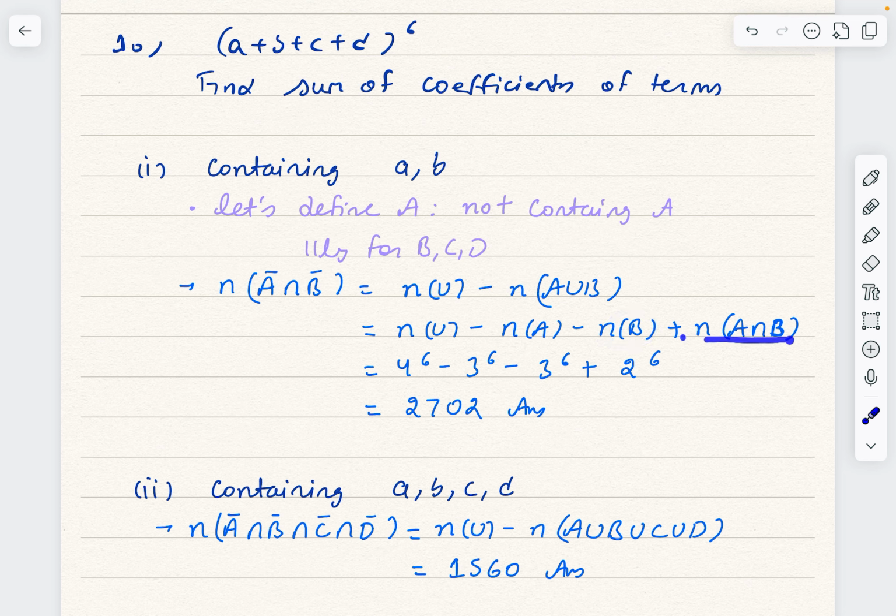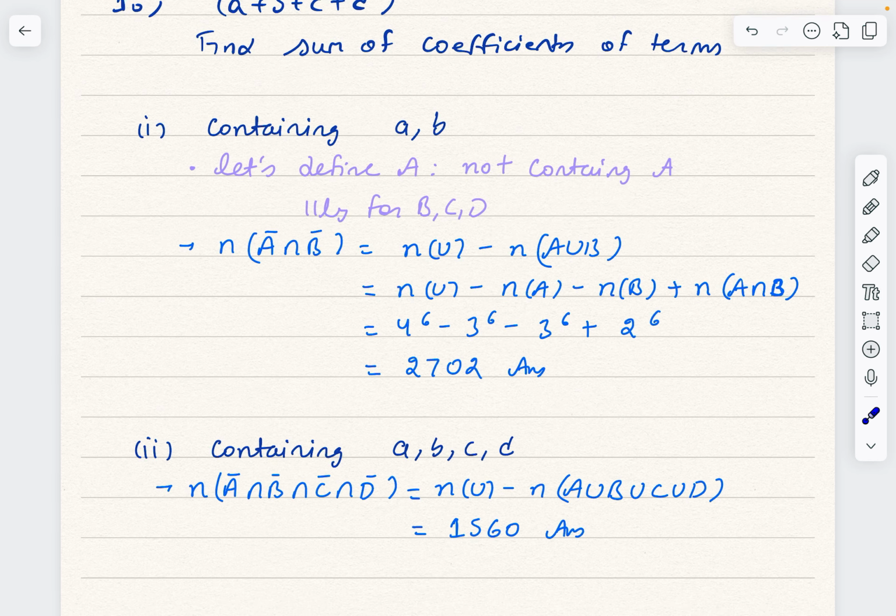Plus n of A intersection B means a should not be there, b should not be there, so put a and b as 0, rest all 1, you get 2 power 6. So 4 power 6 minus 3 power 6 minus 3 power 6 plus 2 power 6. When you solve, you get 2702.